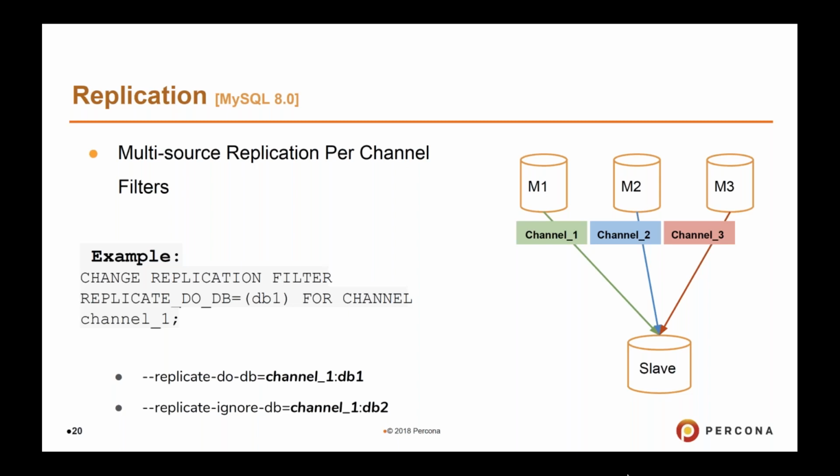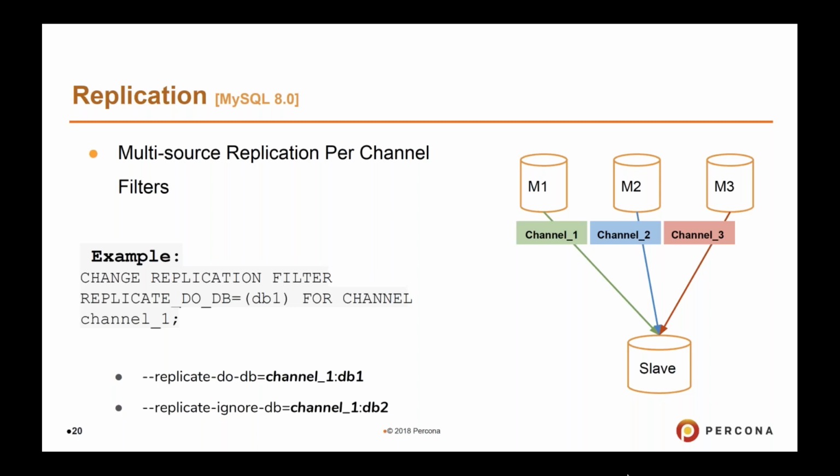But earlier we didn't have any option to filter what we want to replicate. For example, I would like to replicate db1 from master m1, and my m2 also has the same thing, db1. For m2 I don't want to replicate the db1 database.